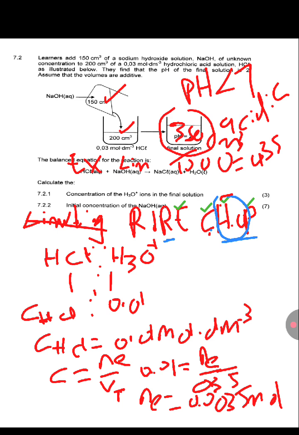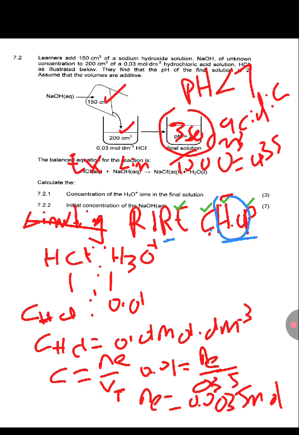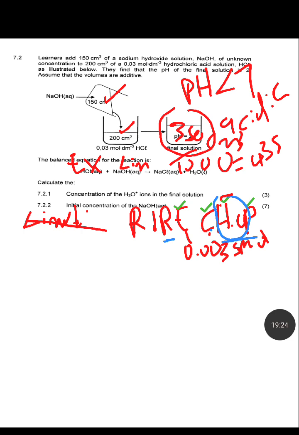Now we got our excess reactant, we got the excess number of moles. Remember we are working backwards. Remember that we are trying to get the initial number of moles of the NaOH, which is our base, and this base is a limiting reagent, right?